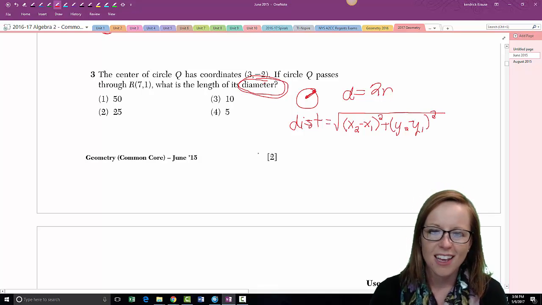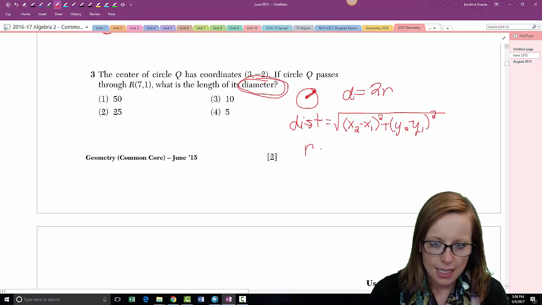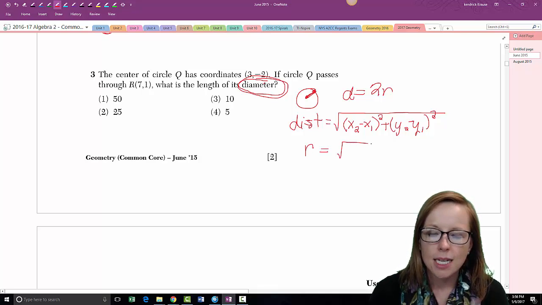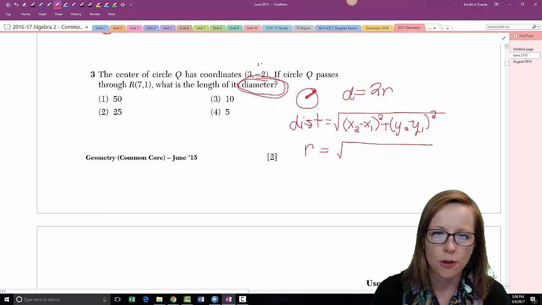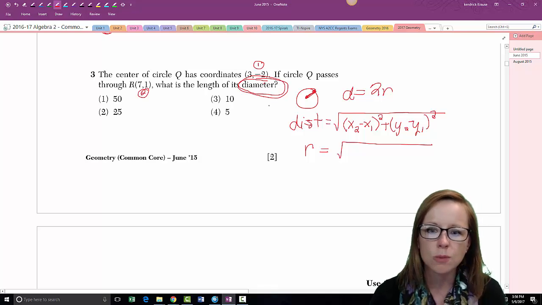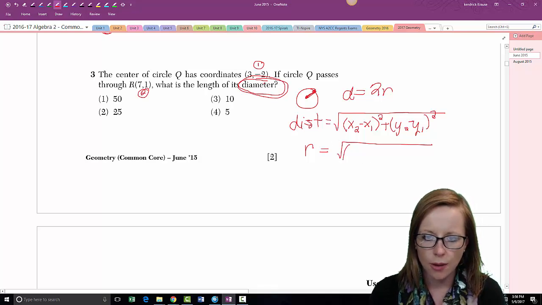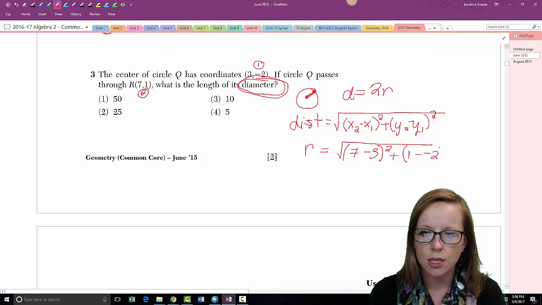So my radius is equal to, it doesn't matter the order of the points, just be consistent. So x2 is 7, x1 is 3 squared, plus y2 is 1 minus -2. Double negative is positive.